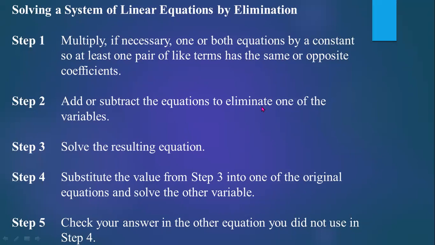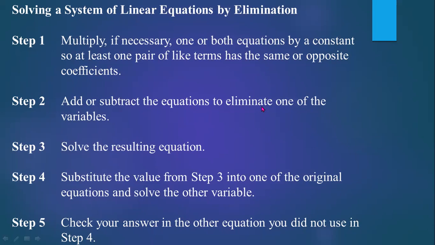All right, so that is step number one, multiply if needed. If necessary means if needed. We multiply so that one pair will have the same value so that we can eliminate.